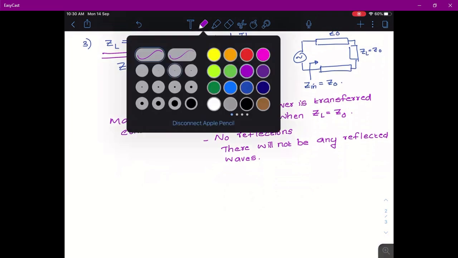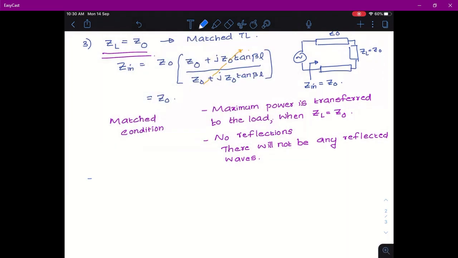Okay. Now let's look at a new parameter which is called reflection coefficient. Okay.